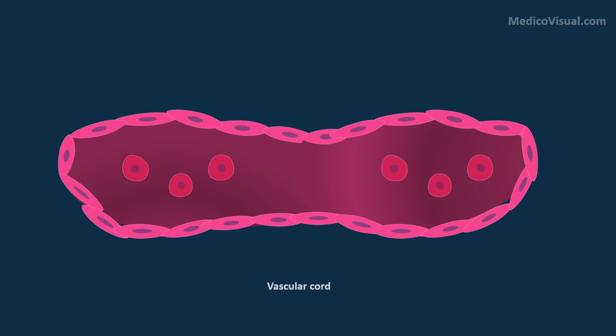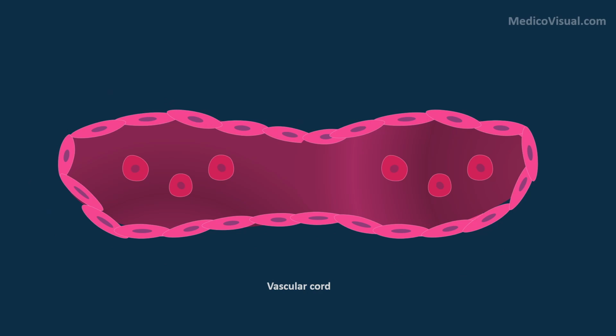Of course, it is not usually just two blood islands that coalesce. There are numerous blood islands whose lumens coalesce to form the long vascular cords. These vascular cords are the precursors of the mature blood vessel.